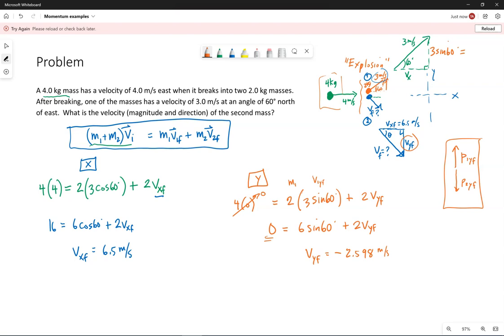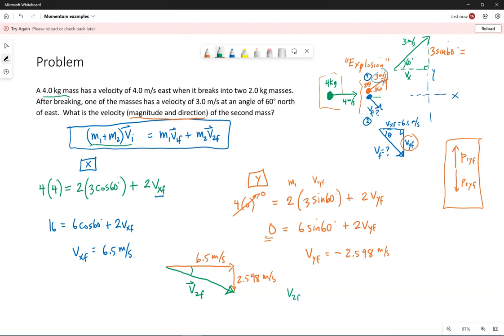All right, our final answer, this problem is asking us for the magnitude and direction of this velocity of the second mass. So I like to draw in my components that I know. So we have figured out these components of velocity, meaning the final velocity of mass 2 will be this hypotenuse.